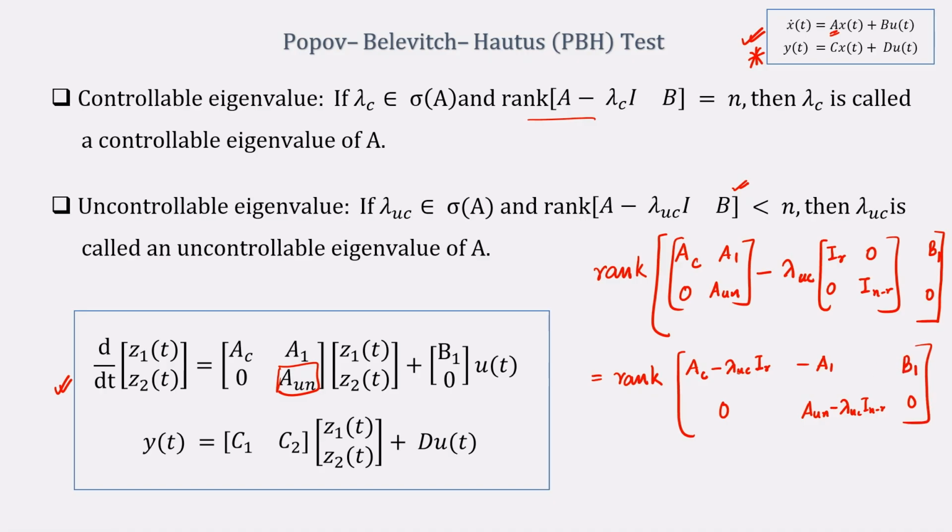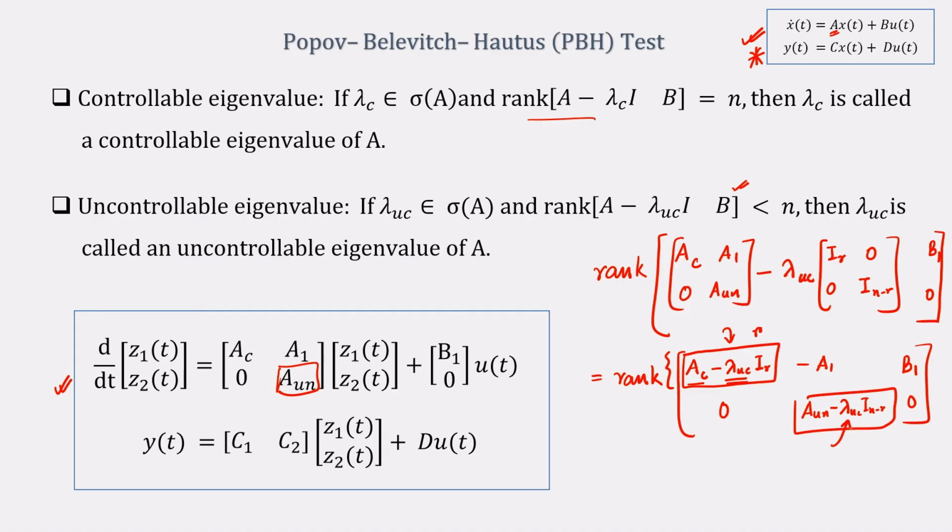Now, what is the rank of this matrix? Is lambda_uc an eigenvalue of A_c? No, lambda_uc is not an eigenvalue of A_c. So, the rank of this block will come out to be r, because A_c is an r cross r matrix. And what about this?